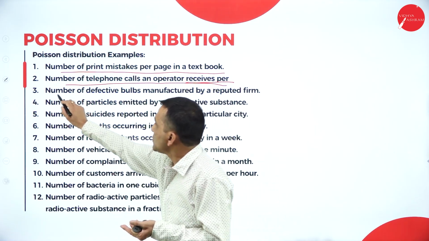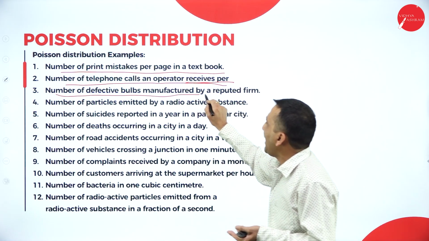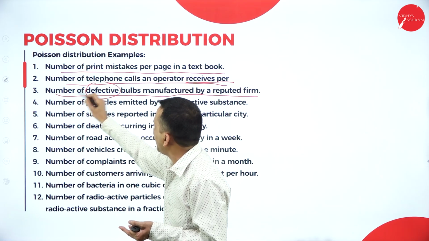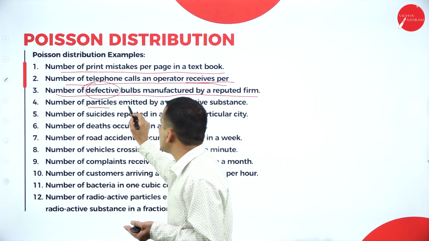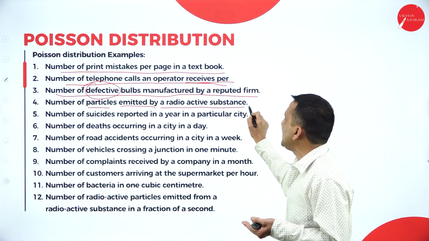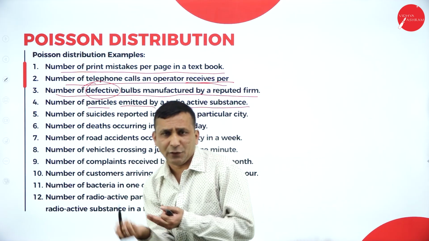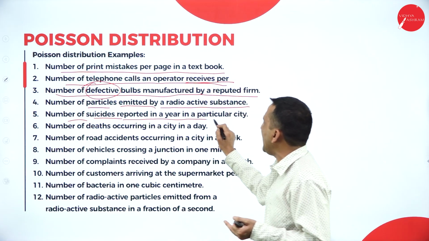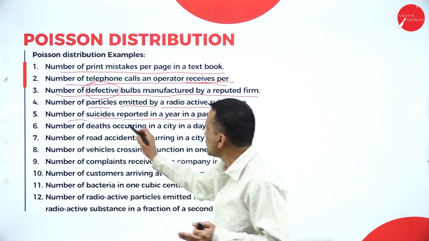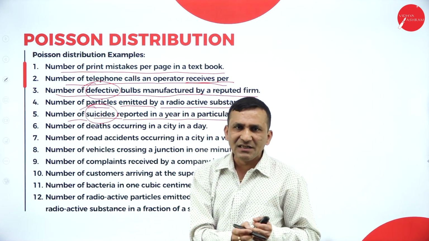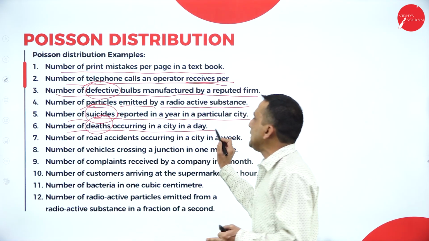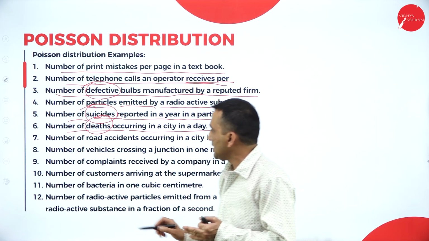The number of defective bulbs manufactured by a reputed company. The number of particles emitted by a radioactive substance. The number of suicides reported in a year in a particular city. The number of deaths occurring in a city in a day. All of these are Poisson distributions.